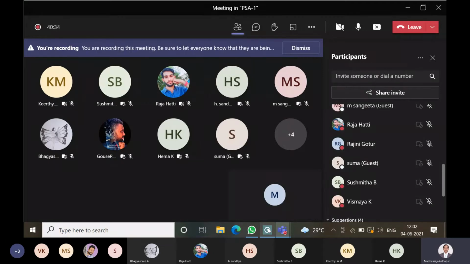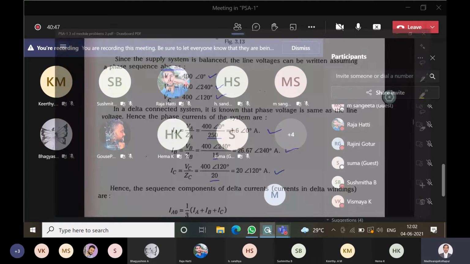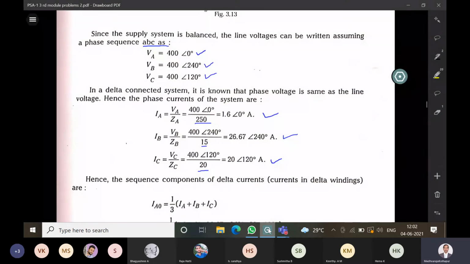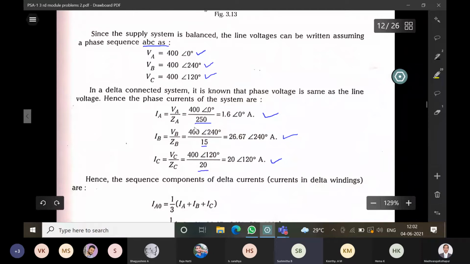IC is calculated as 20 at an angle 120. Got this answer? 400 by 20 is 20, remaining 120 as it is. Similarly here. Yes, sir. 20 at an angle 120.